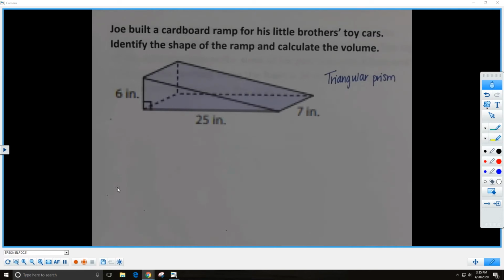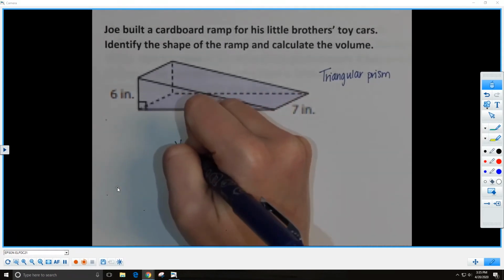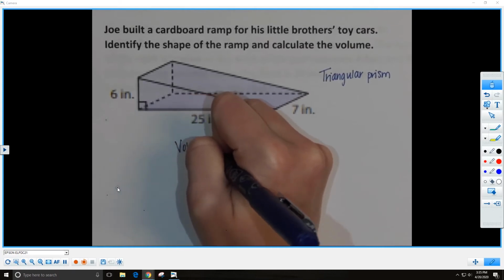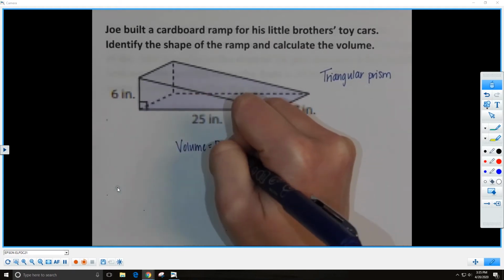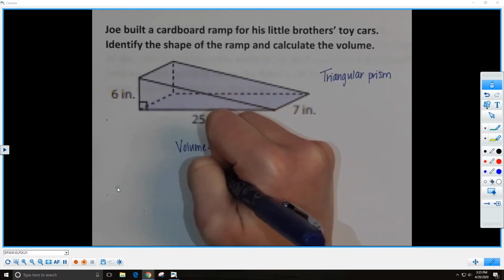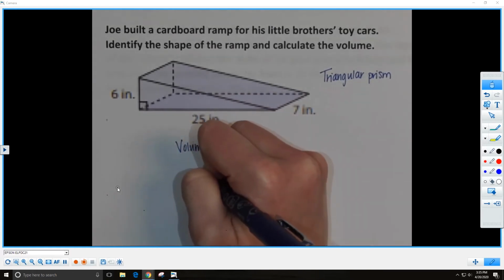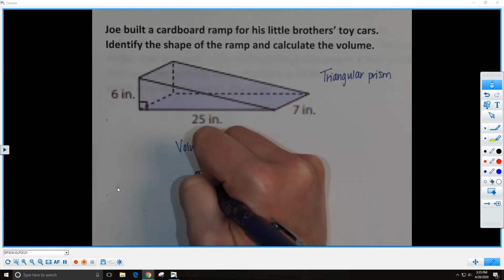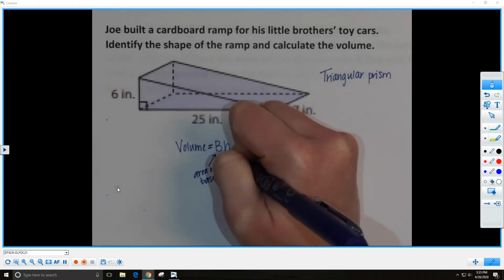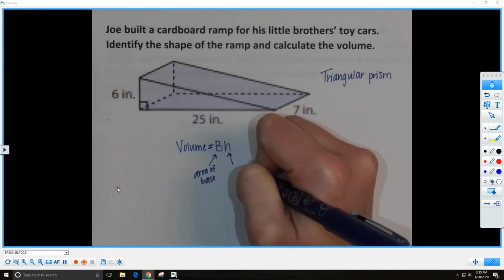So remember from our previous two problems that if we're going to calculate the volume, which is the cubic feet of space inside, and if we're going to find that volume for any prism, then we need the formula volume equals capital B times H. And remember that capital B is the area of the base, and the H is what?